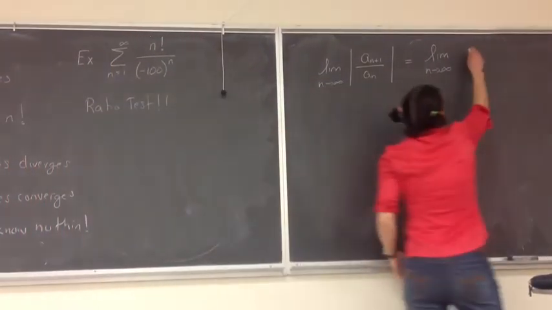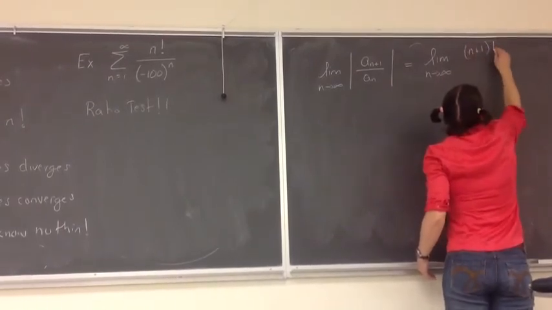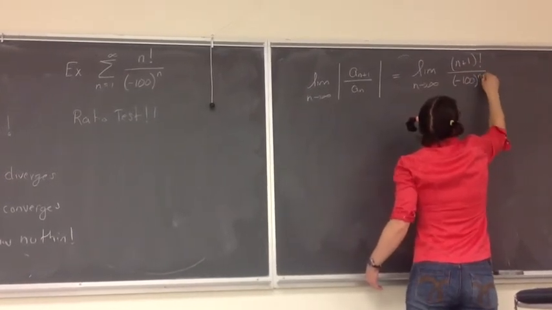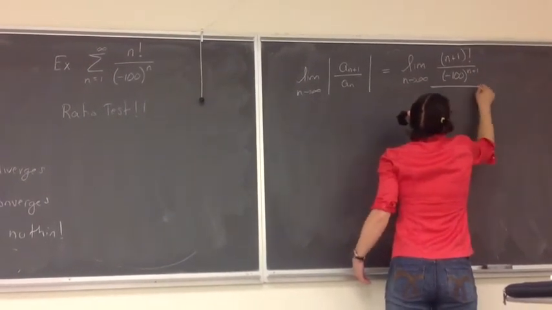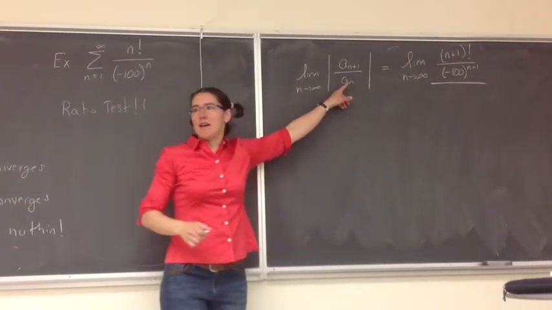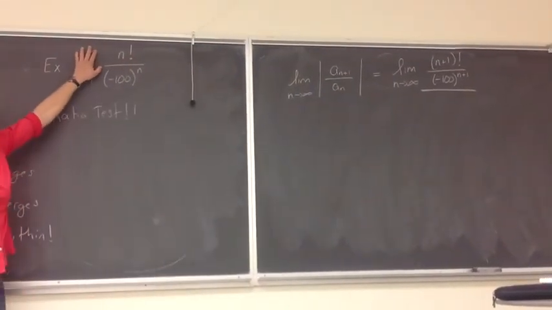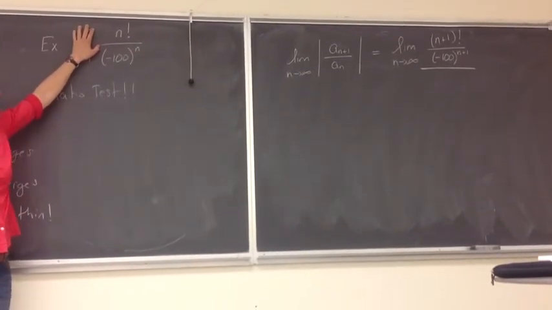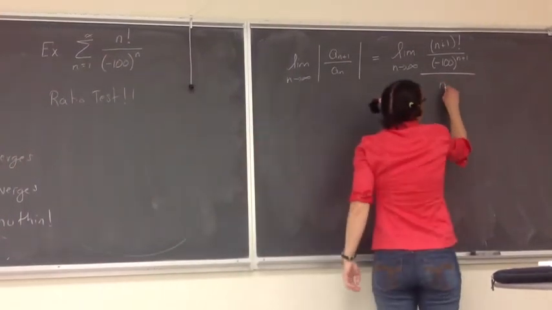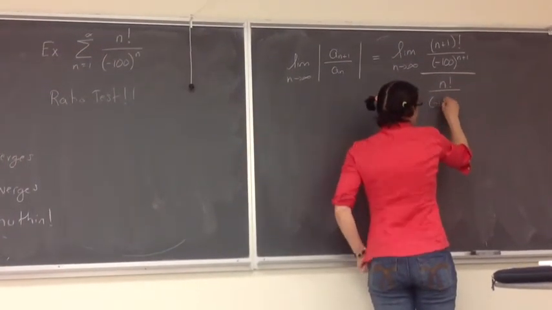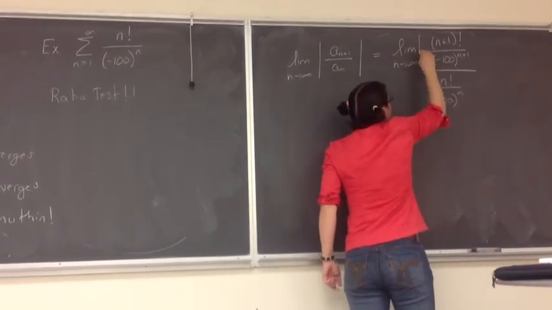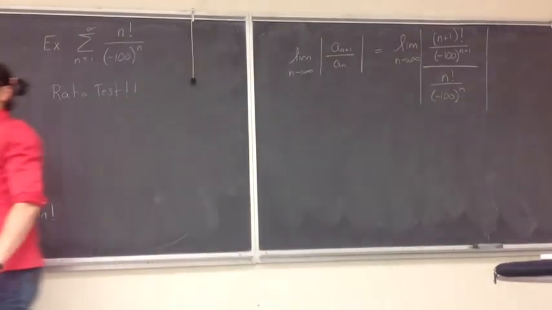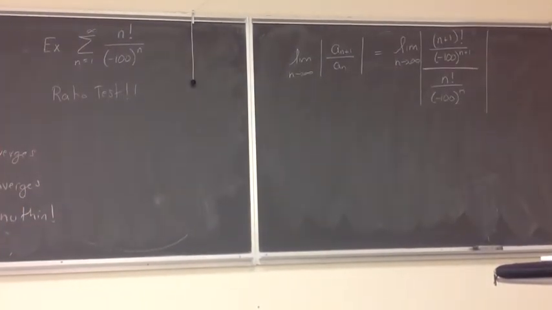So we've got n plus 1 factorial divided by negative 100 raised to the n plus 1, and all of that is divided by a_n. I look back at my series, cover up the summation sign, and leave n as it is: n factorial over negative 100 raised to the n. So I'm taking the limit of this really bulky fraction, with absolute value bars around it. Are there any questions about setting that part up?